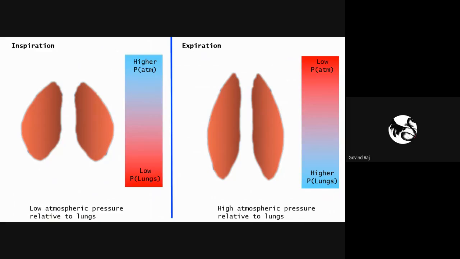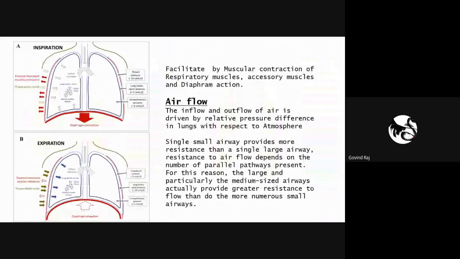Whereas in case of expiration, there is a higher pressure of air inside the lungs, and a comparatively low atmospheric pressure, so the air moves from the lungs to the outside.